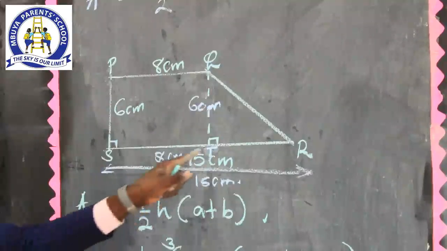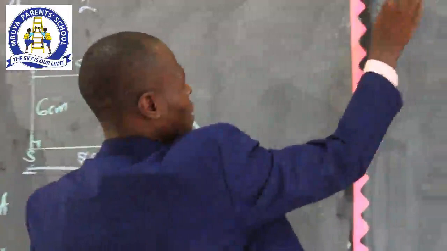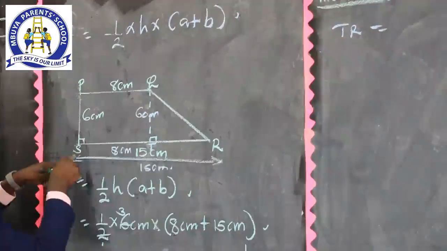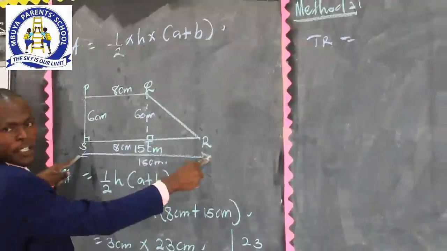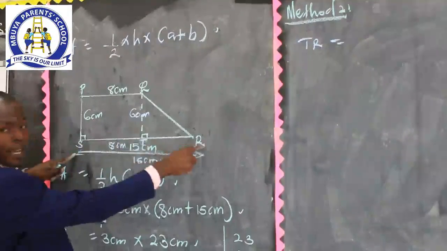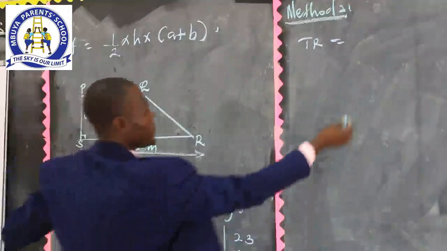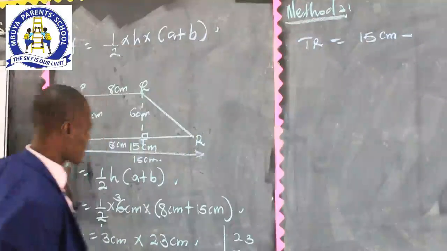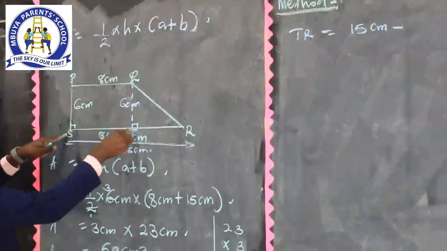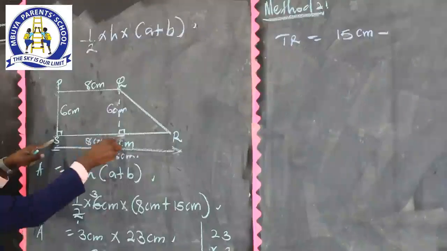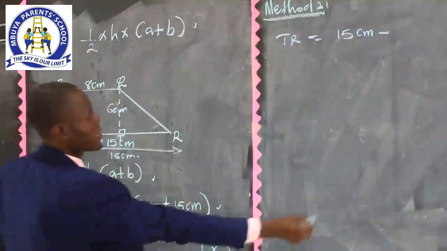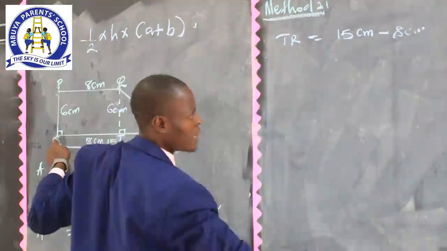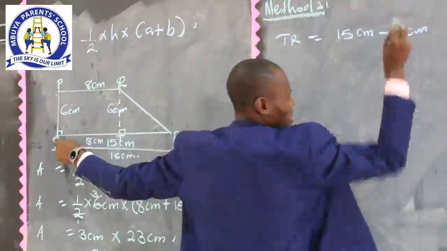What does it mean? To get TR, we shall say the whole of it, which is SR, measuring 15 centimeters. Hope you're with me. SR measuring 15 centimeters, minus ST, which is measuring 8 centimeters.